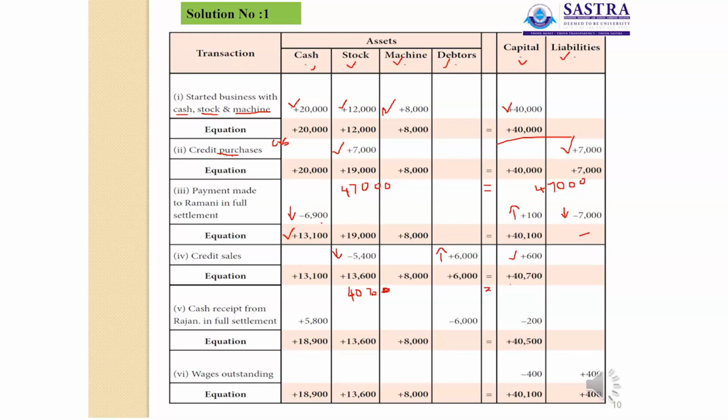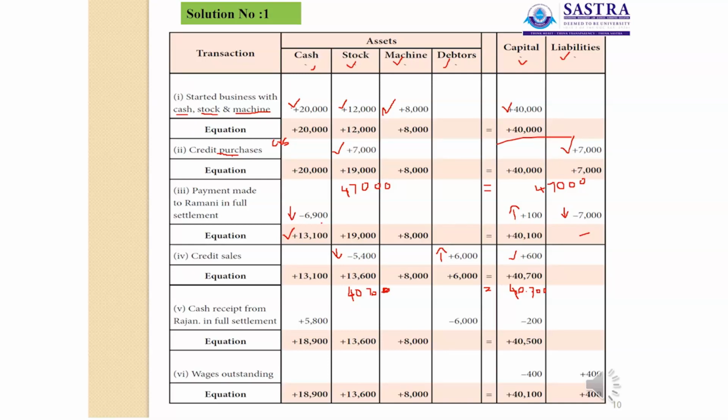So here the accounting equation is proved. 40,700 is equal to 40,700.